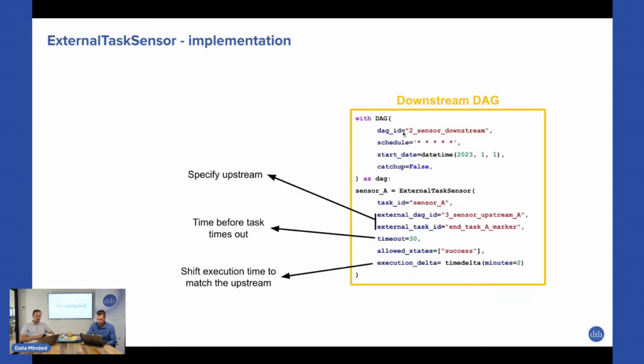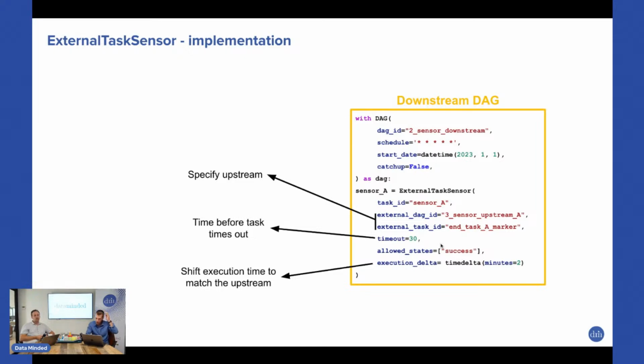So here is an example of the downstream DAG with an external task sensor. What you do here is you identify the upstream DAG and the upstream task, which is a marker here. You can have a timeout, so the time that it keeps checking for the upstream to reach a successful state.